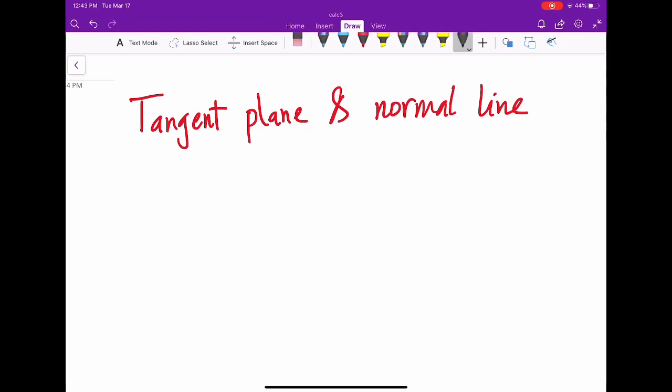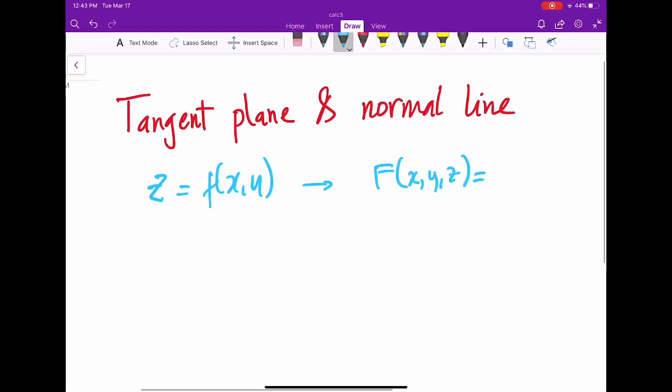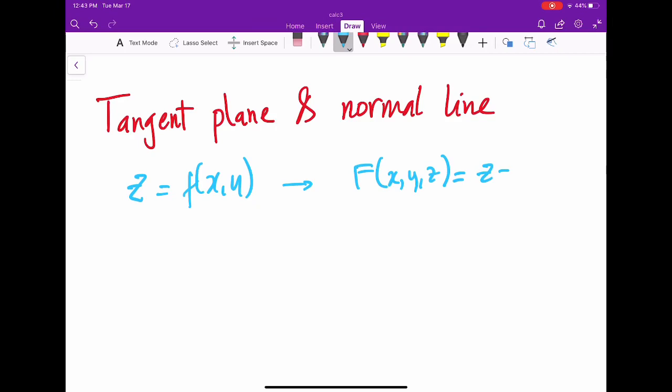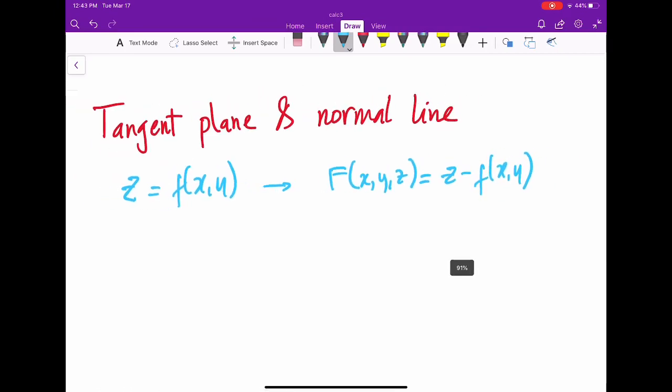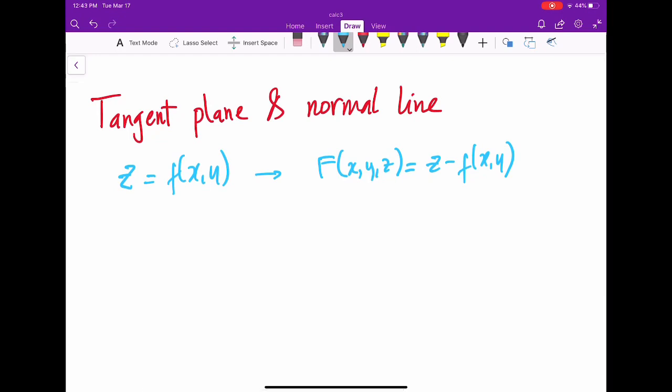So the idea is if you have function z equal to f of x and y, you write this function as, I will put capital F of X, Y, and Z, equal to Z minus f of X and Y. And since Z equal to f of X and Y, this function is identically equal to 0.